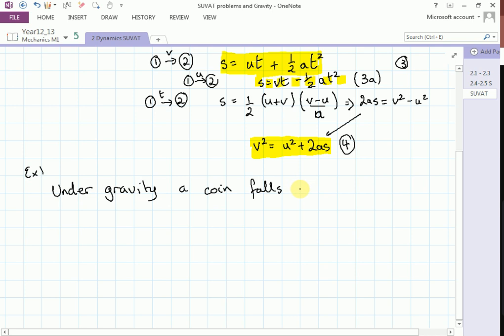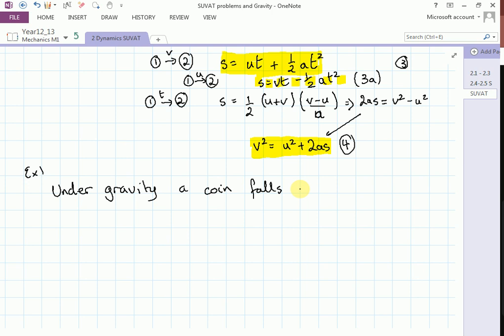Is this section 2.6? I'm doing an example from 2.6 just because it's one of the easiest ways to get the idea of constant acceleration. You're used to it dropping. It's not an example from your book. Okay. This is a different example just to show that the gravity questions are not really any different to constant acceleration horizontally. But I'll do a more complicated horizontal one in a minute.